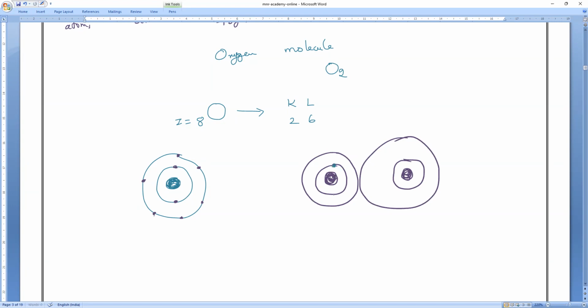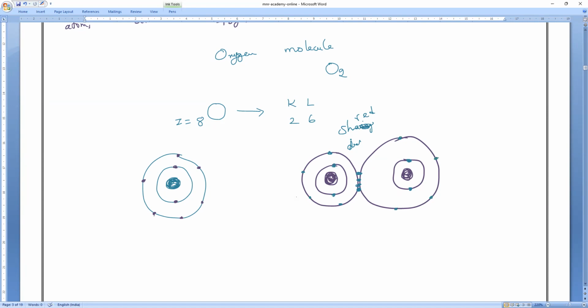Here 2 electrons are present, and for this also 2 electrons are present. Now the shared electrons: 2 plus 2, totally how many do they share? 4. So remaining how many? 6 in total: 2, 3, 4, and here 1, 2, 3, 4.